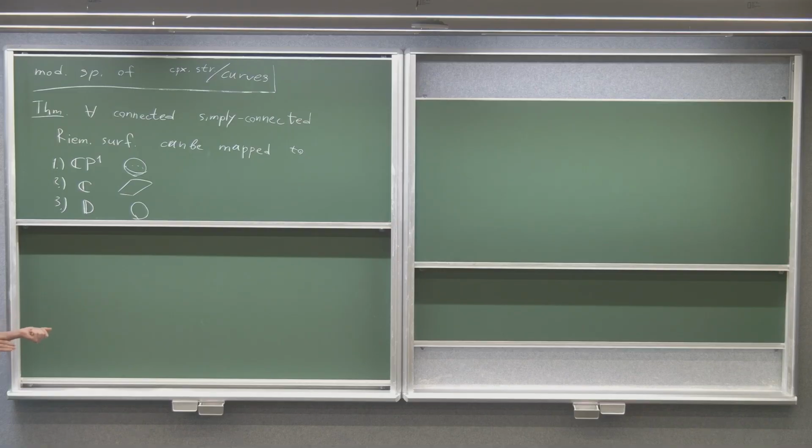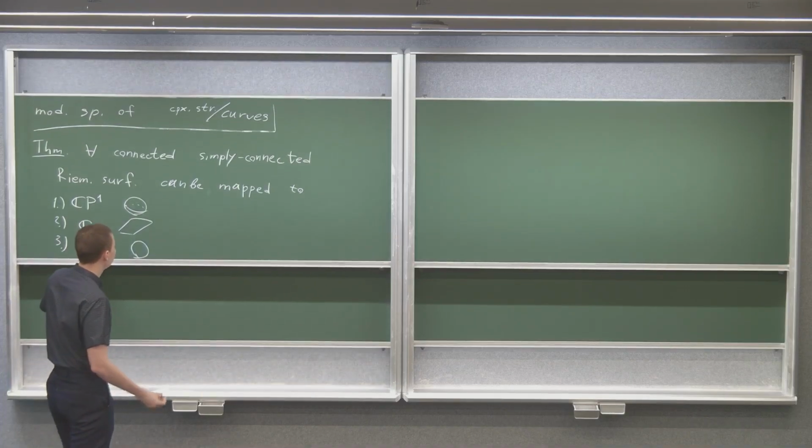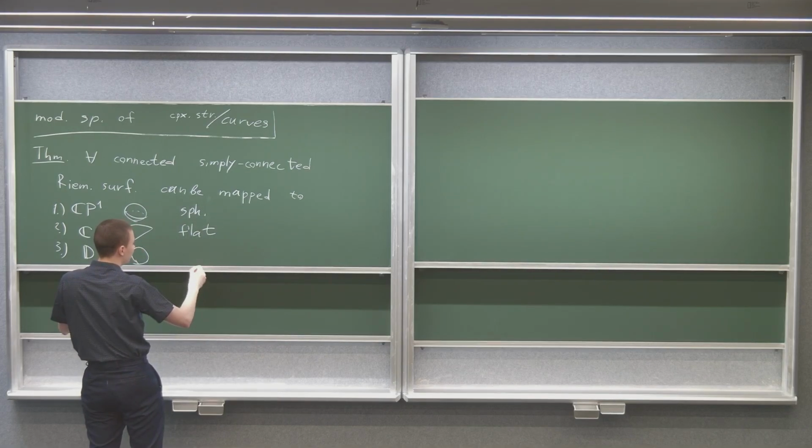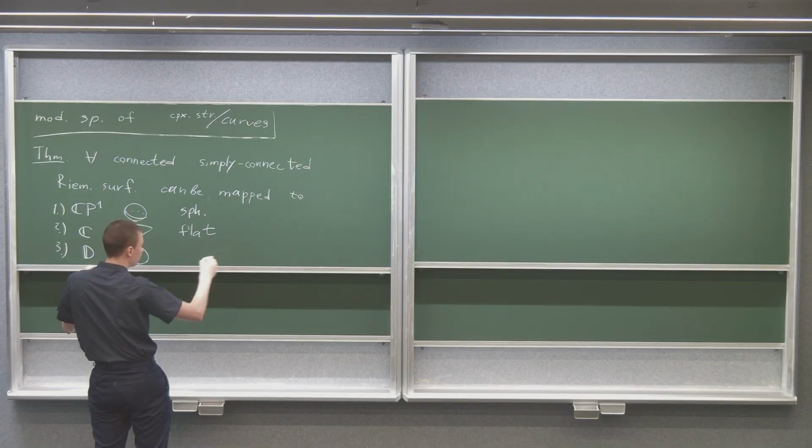And we know that on such a space there is a good metric which is geodesically complete, the hyperbolic metric. So basically, these three options correspond to spherical geometry, flat geometry, and parabolic and hyperbolic geometry.